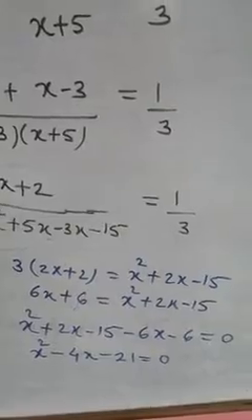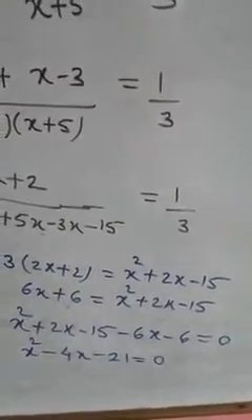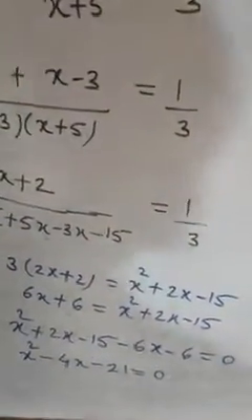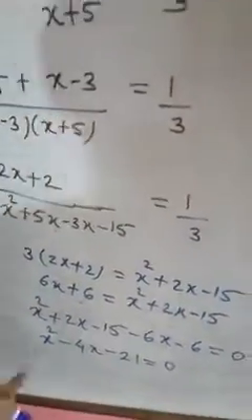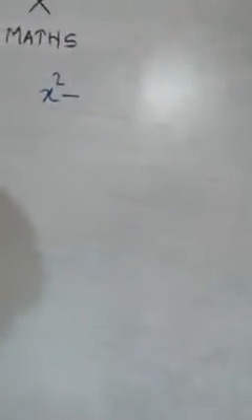Here you can apply any method. Either you can apply the quadratic formula or you can go with the factorization method. In both cases the answer will be the same. So I am going with the factorization method. x square minus, now we have to split the middle term. So 21 will break into 7 times 3.